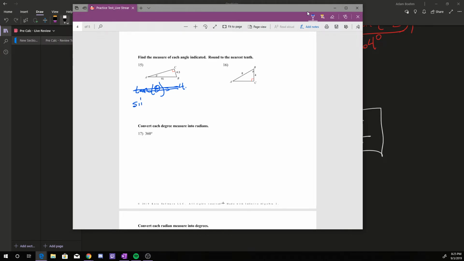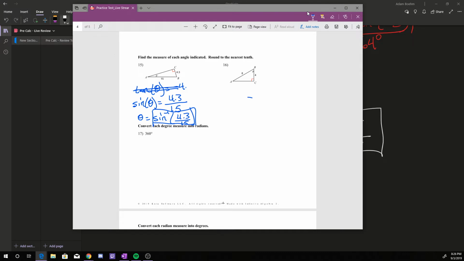So sine of theta is equal to 4.3 over 15. You take the inverse sine of both sides. You're left with just theta is equal to the sine inverse of 4.3 over 15. And that's the answer. Again, you can simplify that if you want, but this is all I'm looking for.